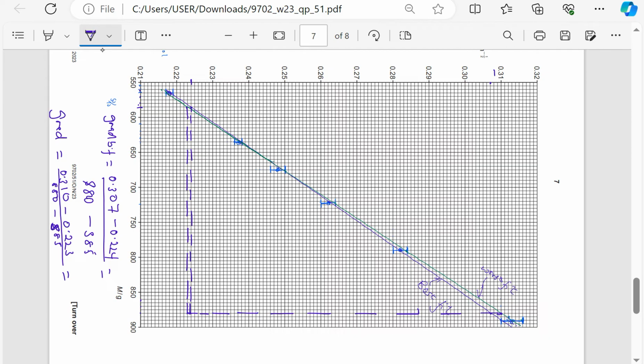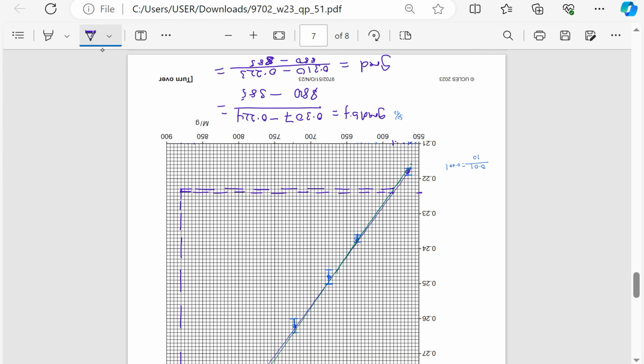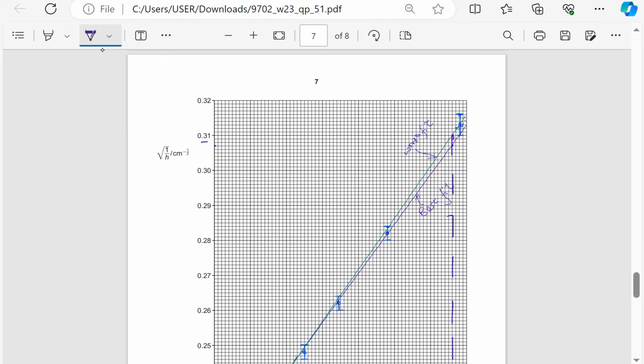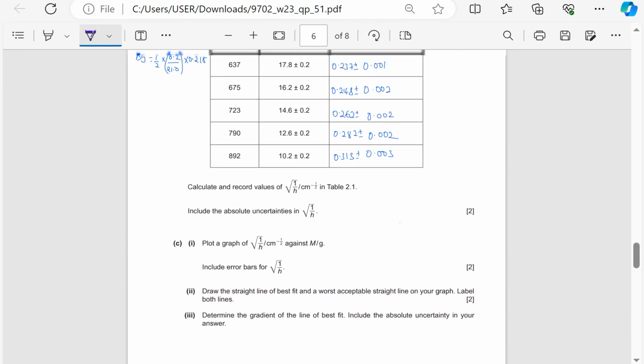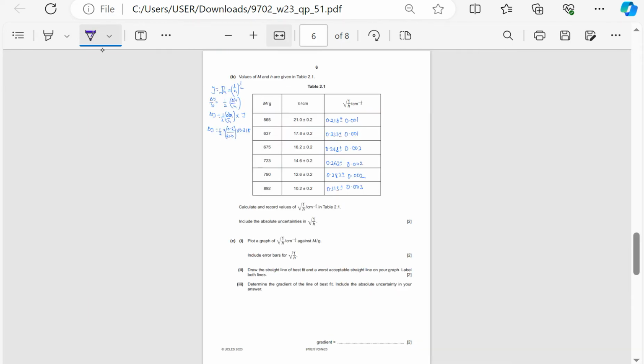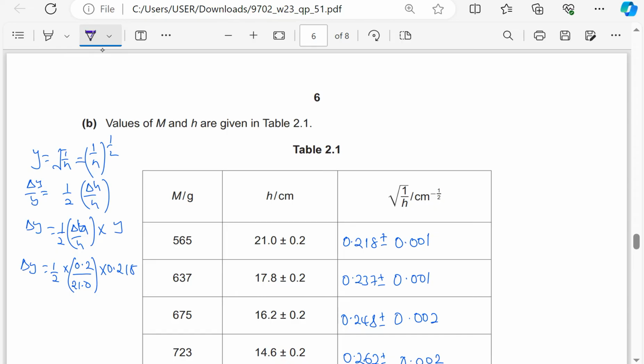Okay, so I'll rotate back. Okay, so here they want us to find a gradient. We have already found our gradients. I'll try to make this one bigger to fit into the page.